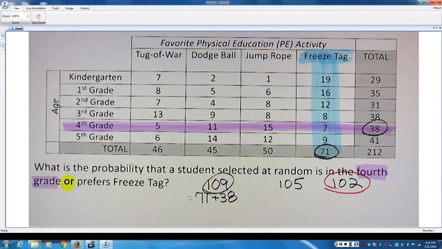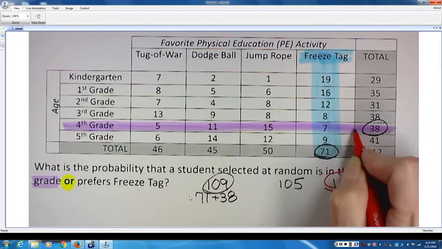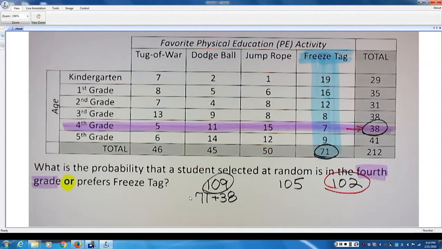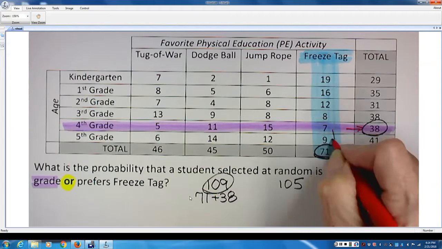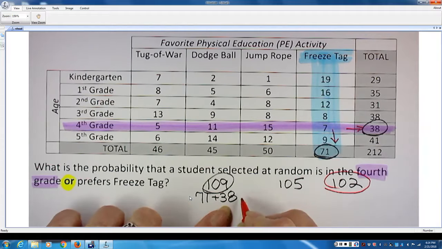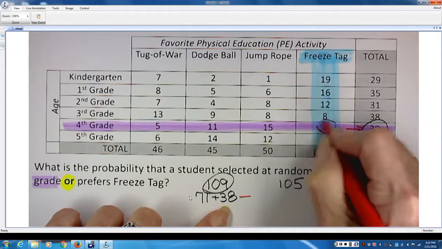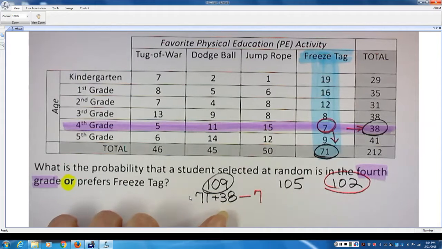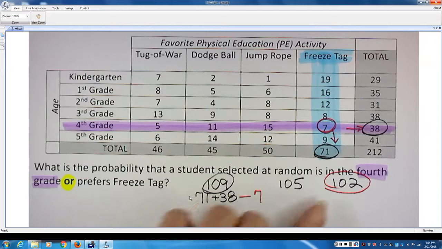That's right. You counted these kids when they were fourth graders. You can't come back and count them again as part of that 71 that preferred freeze tag. They don't get to count twice. Okay? So it is 71 plus 38 minus 7. And 109 minus 7 is 102.